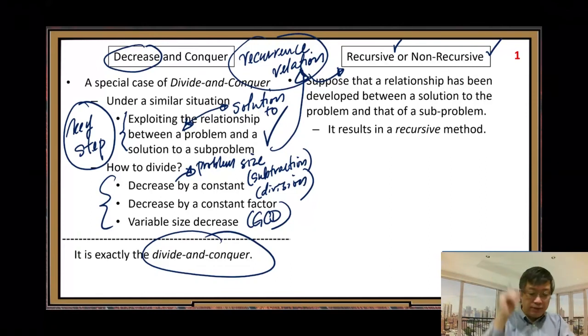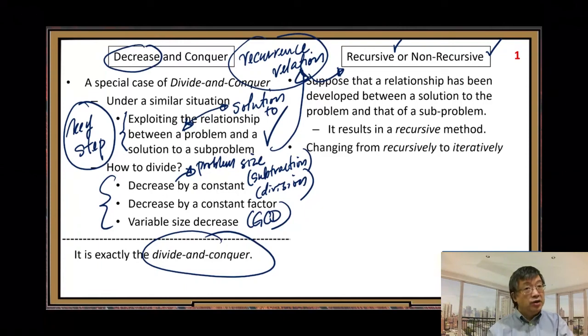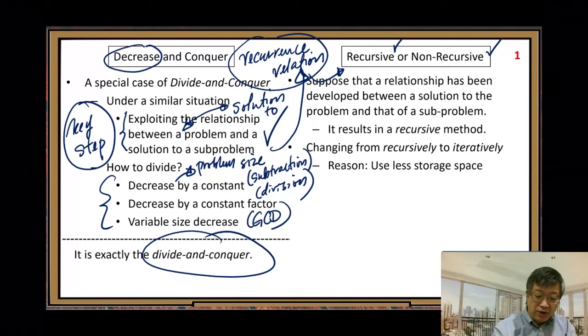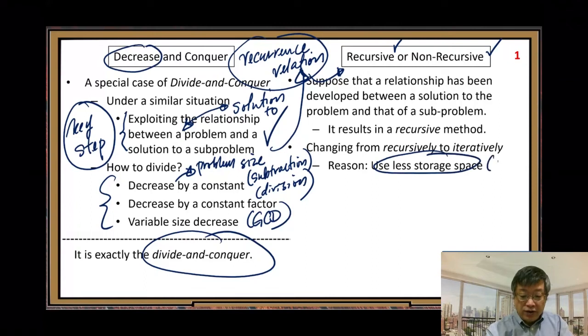So why is that? The reason is simple. Changing from recursion to iteration uses less storage space. Why is that? Due to the stack implementation for recursion.